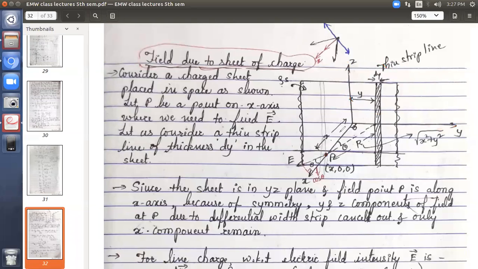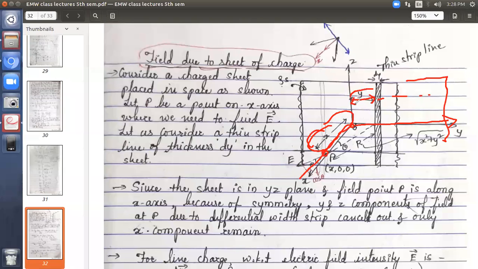If you observe, this is the x direction, and from point P to the origin, this distance is x, so I am using small x. Similarly, this is in the y direction, so I am taking this y. No doubt this y may extend depending on the sheet size.